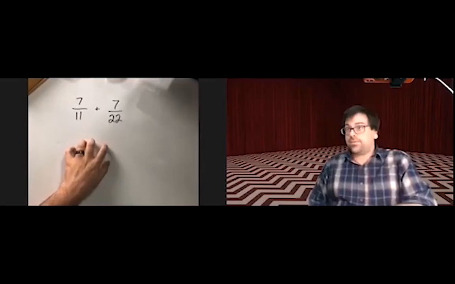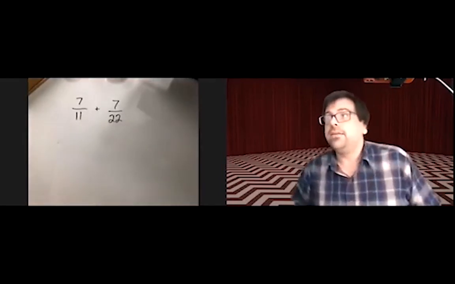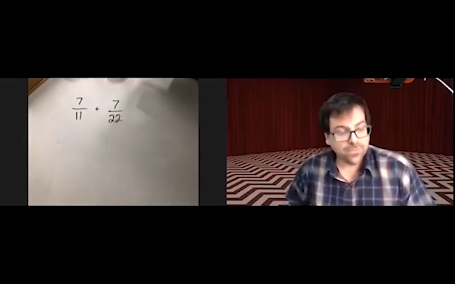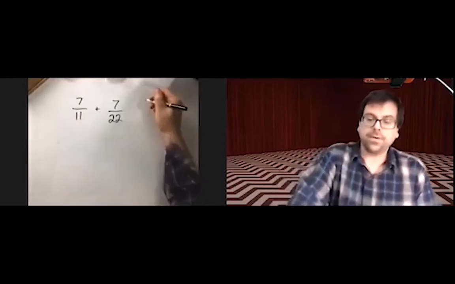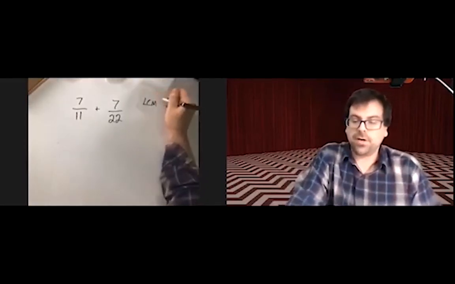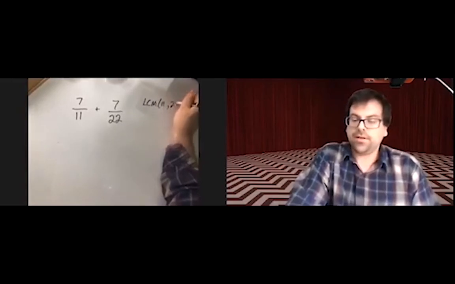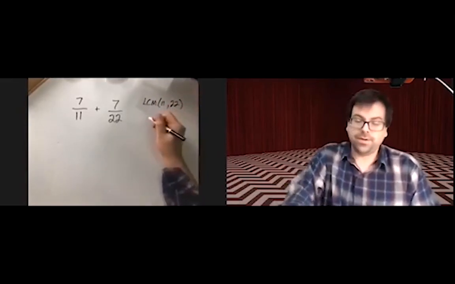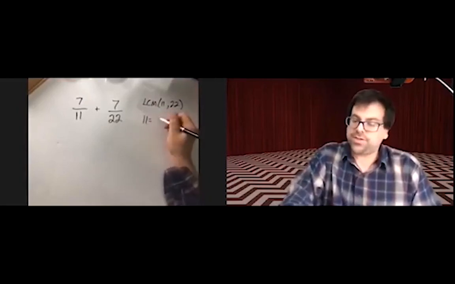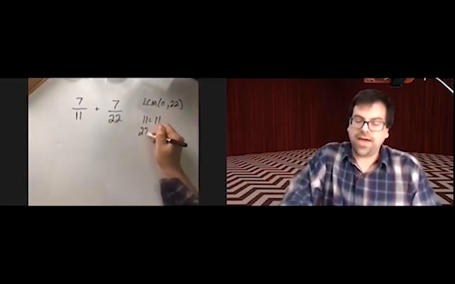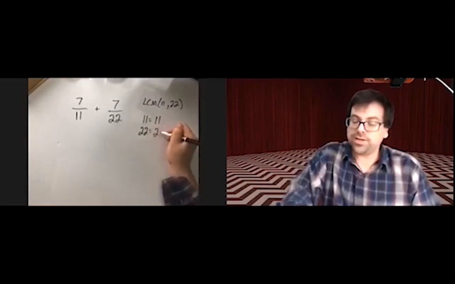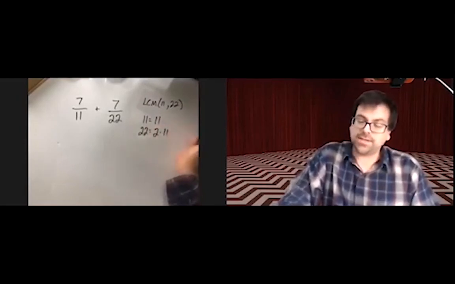If not, let's see how we get that common denominator of 22. We want the least common multiple of 11 and 22. Prime factorization of 11 is just 11. Prime factorization of 22 is 2 times 11.